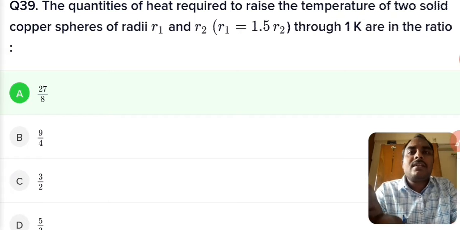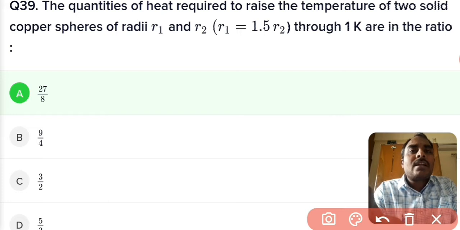Next question 39. The quantities of heat required to raise temperature of two solid copper spheres of radii R1 and R2 through 1 Kelvin are in the ratio. So they are asking the ratio of quantity of heat.